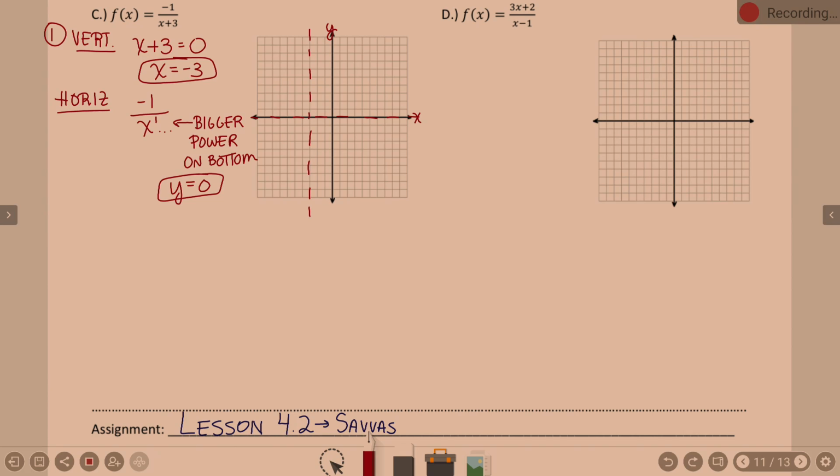Let's check some intercepts now. Okay, x-intercept. How do we find our x-intercept? Okay, it happens when y equals 0. And since we're dealing with fractions, it happens when the numerator is 0. What's my numerator?